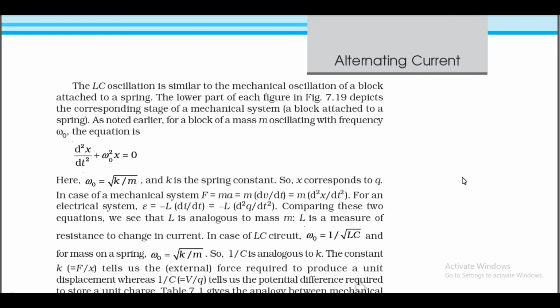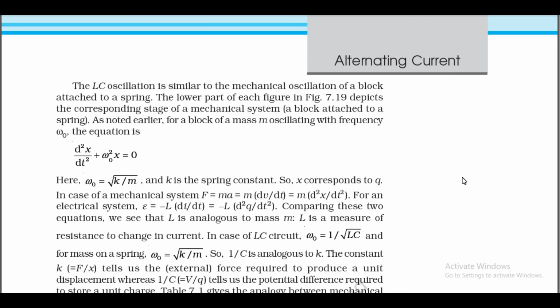For an electrical system, epsilon is equal to minus L di by dt, which is minus L d squared q by dt squared. Comparing these two equations, we see that L is analogous to mass m. L is a measure of resistance to change in current. In the LC circuit, omega naught is equal to 1 by root LC, and for a mass on a spring, omega naught is equal to root over k by m.